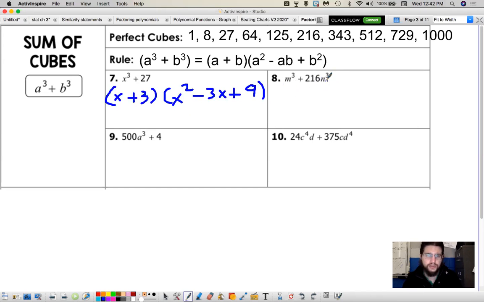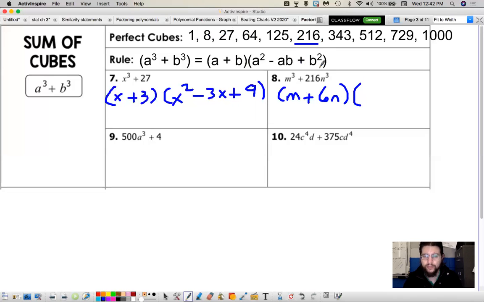GCF is nothing, so let's keep doing it. M, that's obviously that one. Ooh, 216. That's right here. 1, 2, 3, 4, 5, 6. Oh, that's 6. Okay. N cubed would be n. So A is m. B is 6n.